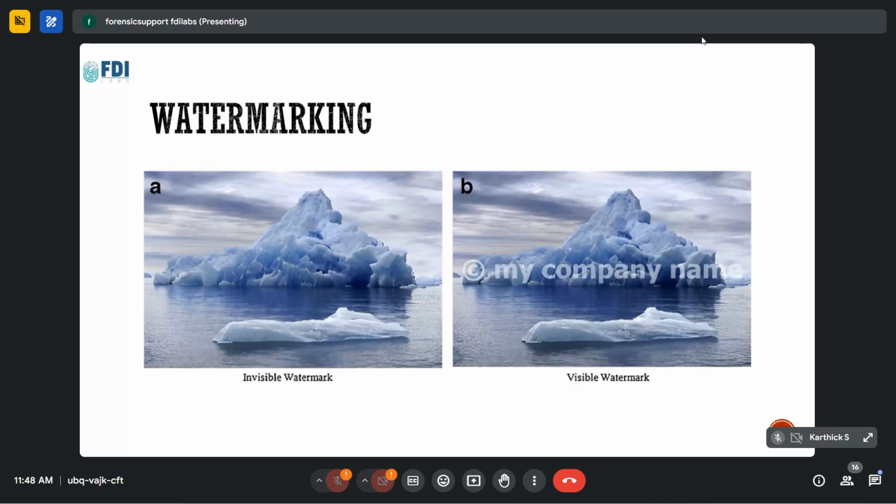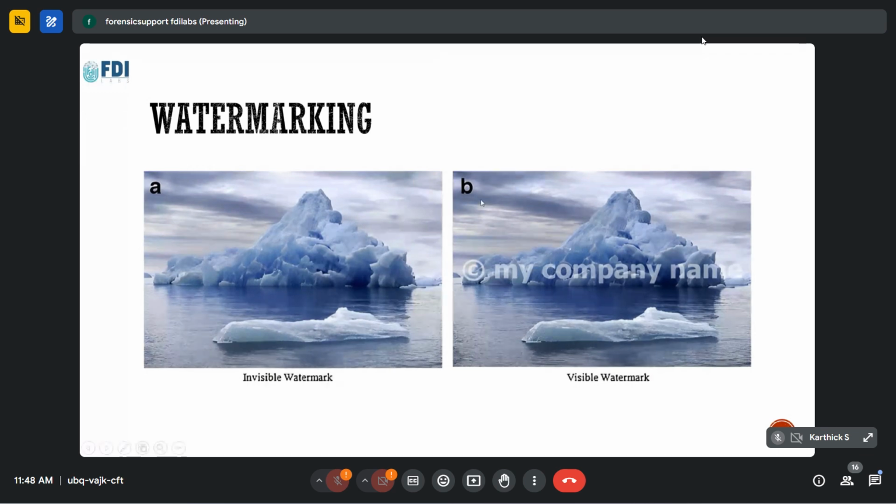This is a particular image, and this information is typically used to identify the ownership, I mean, the ownership of the copyright of the image. You can see it in the second picture, the B part.